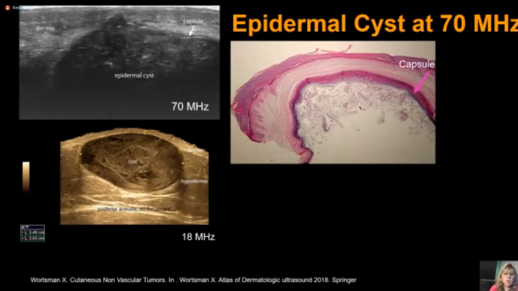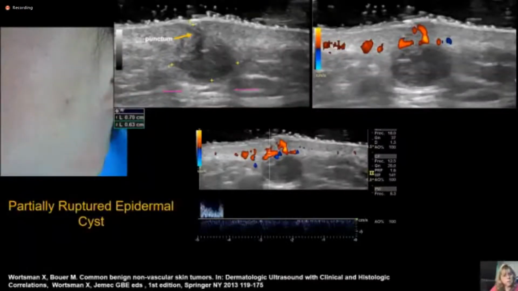The only way to look for the capsule is to have a higher frequency, an ultra high frequency such as 70 megahertz. As you see here, the capsule is very thin and hypoechoic and surrounds the cyst.